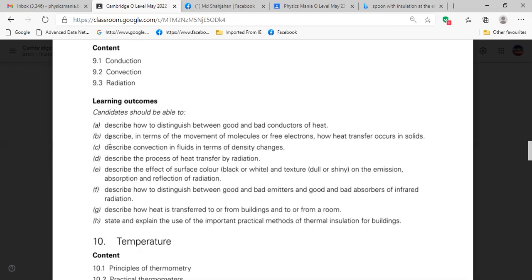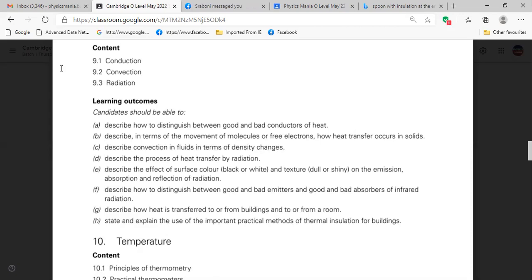So it is a condition for conduction that the solids, your hand is solid, right, and the spoon is also solid. So to transfer heat from that spoon to your hand, they should be in contact with each other. Without contact, they will not pass the heat energy. So this is about conduction.